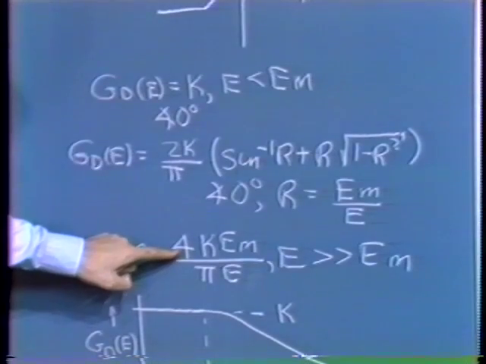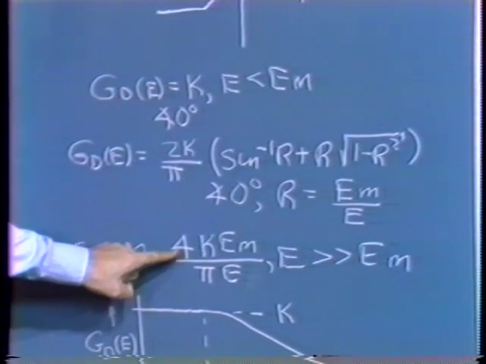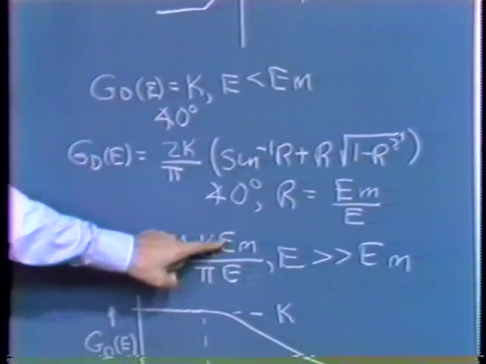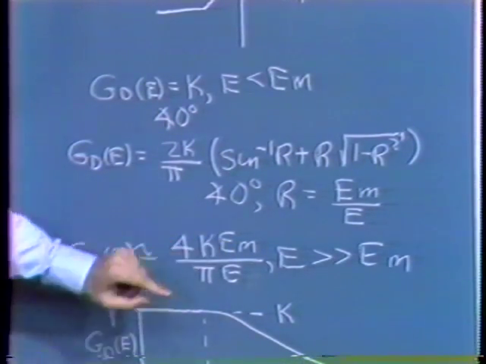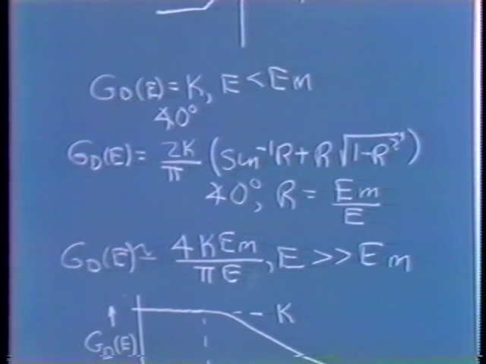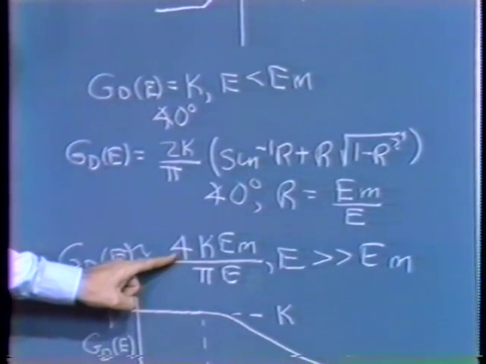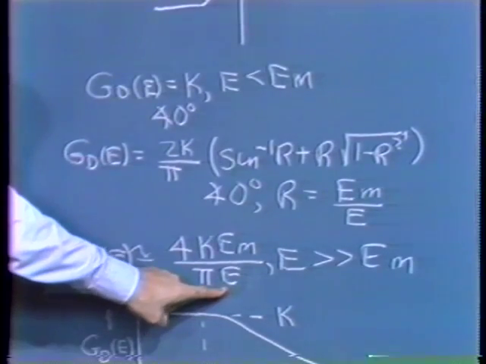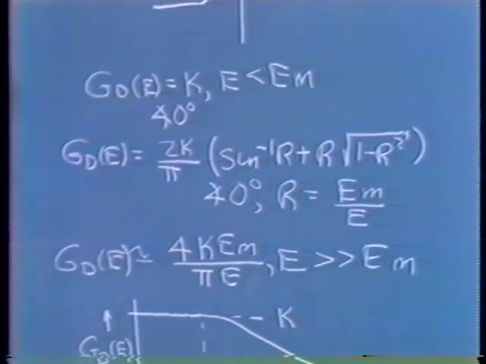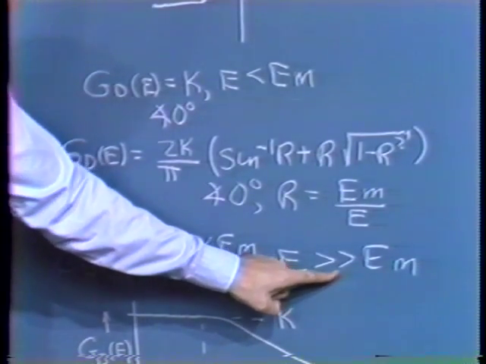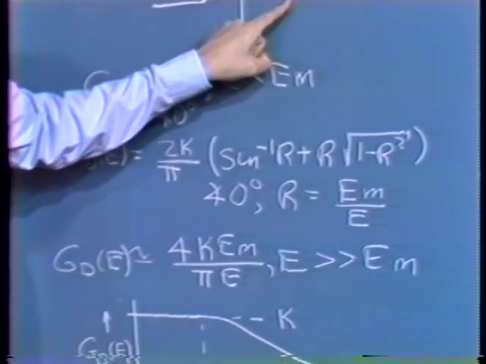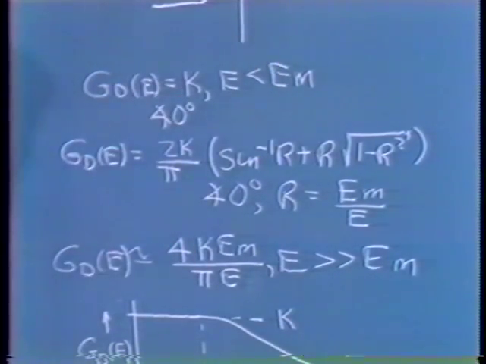The fundamental component of the output square wave would be 4k over pi times E sub m, the k E sub m being the peak magnitude of the output, the 4 over pi giving us the magnitude of the fundamental term in the Fourier series expansion. So that's the magnitude of the output fundamental. We divide that by E to get our describing function, and that's in the limit where our test signal amplitude E is much, much larger than the value necessary to saturate the element.